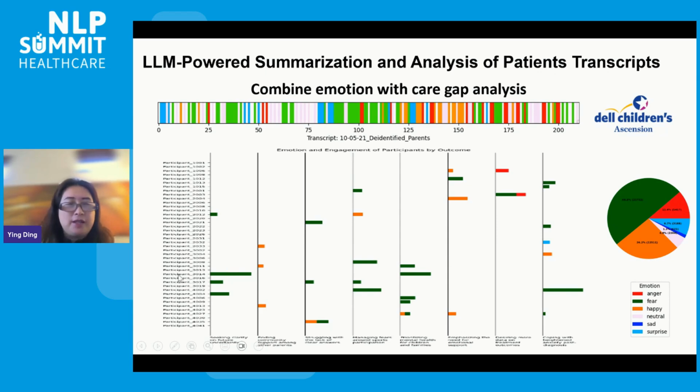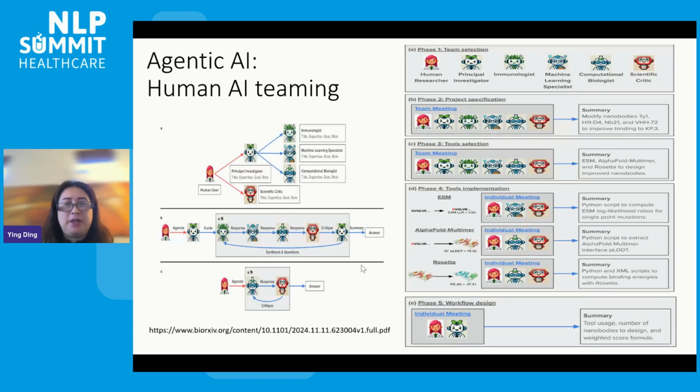You can see this patient has a lot of fear in topic 1, topic 3, topic 4, topic 5. So you can identify this and do better follow-up with this specific patient.